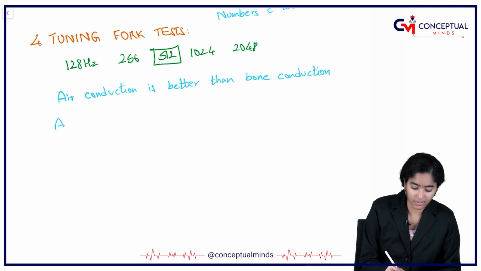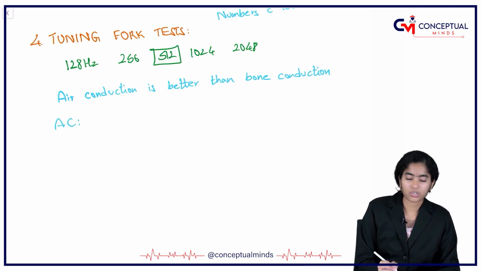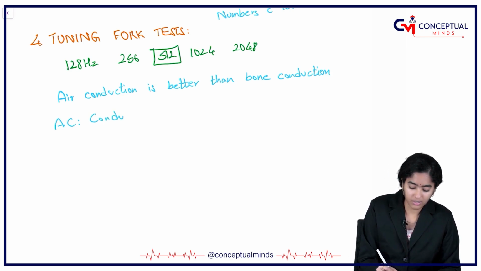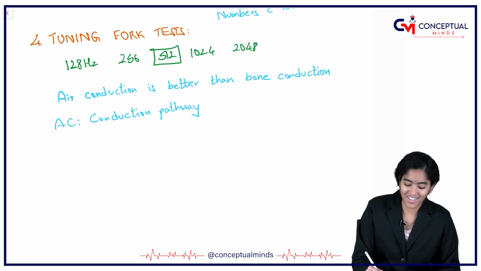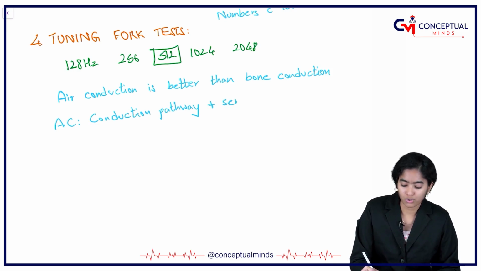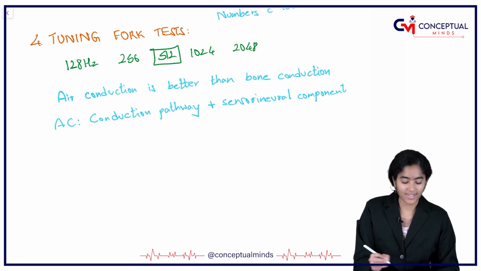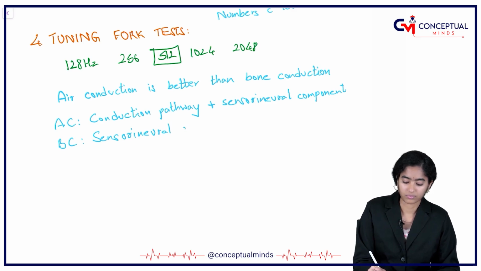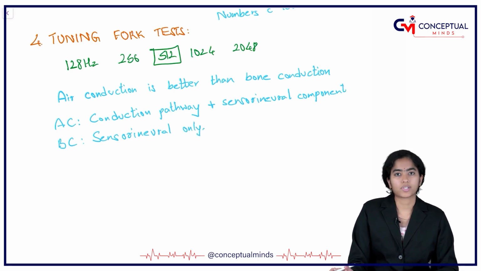So when we are checking air conduction, we put the tuning fork a little away from the external auditory canal. We are checking the entire conduction pathway, the intactness of the conduction pathway, plus the sensorineural component also. Whereas, when we are checking for bone conduction, we are only checking the sensorineural component, that is the cochlear function. I hope this is clear.